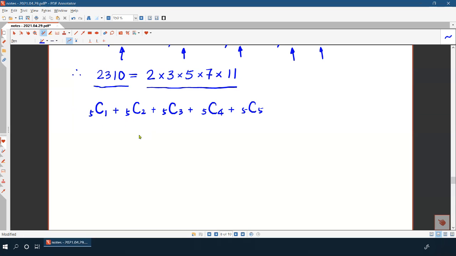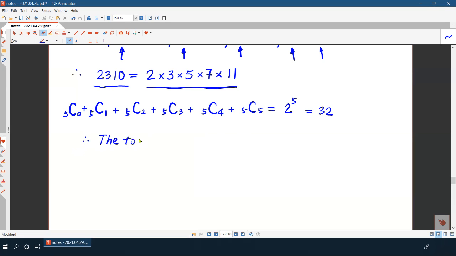But don't forget that the number 1 is also a divisor. So that means we pick 0 from the 5, right? If we add all the numbers up, this is the total number of divisors this number has. According to the binomial theorem, this is 2 raised to the 5th power, right? Which is 32.